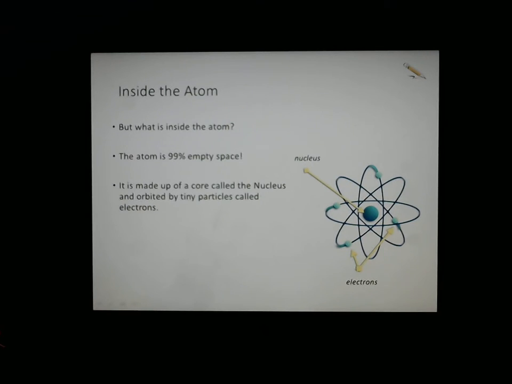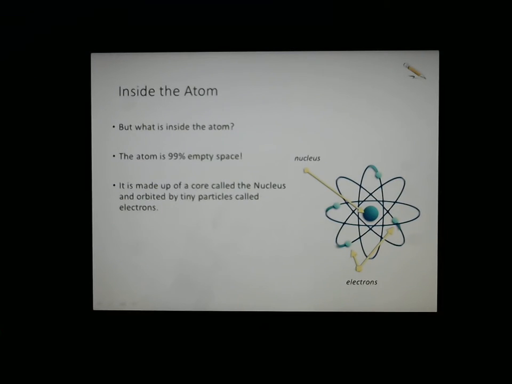So the structure is made up of a core, called the nucleus. You may have heard this last year. And then around that nucleus are little tiny electrons. Okay? And they orbit. Now this diagram is a very, very simple first level model.